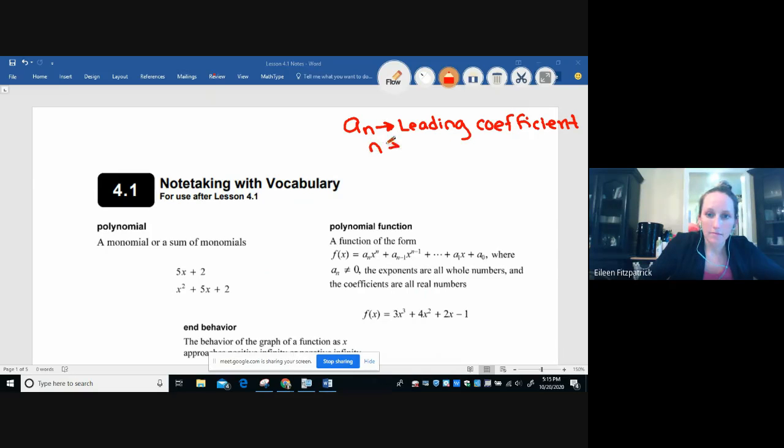N represents the degree. And a sub 0 represents your constant term.